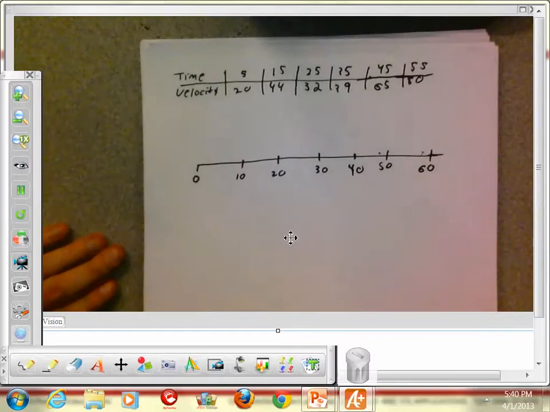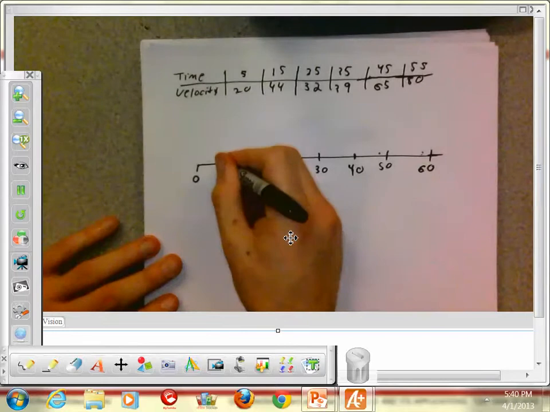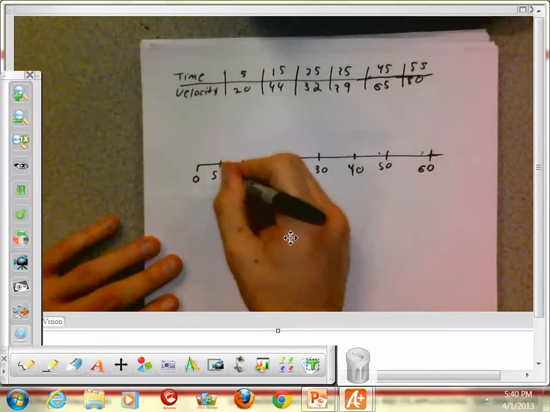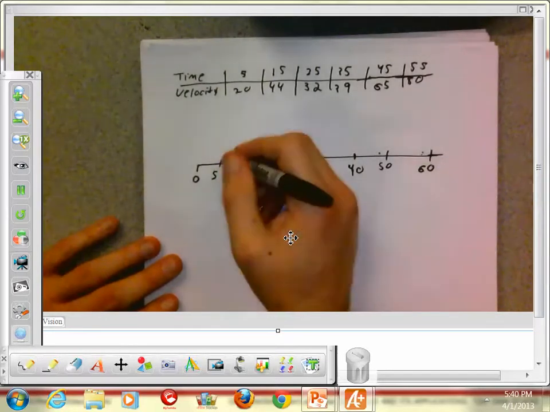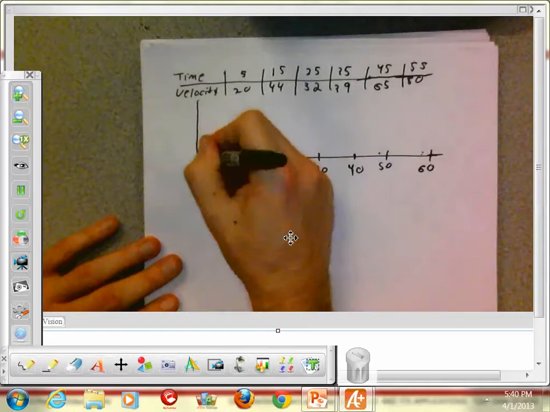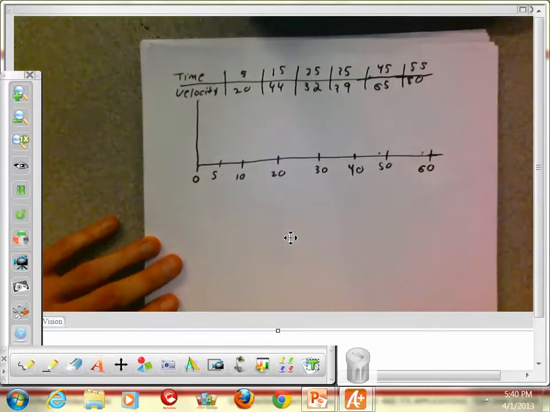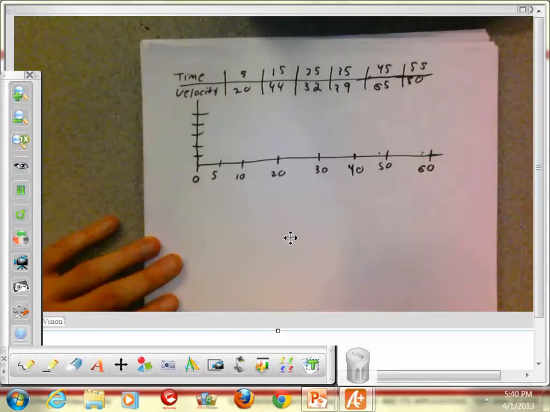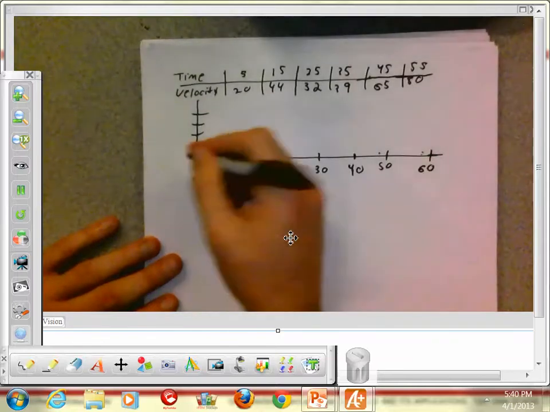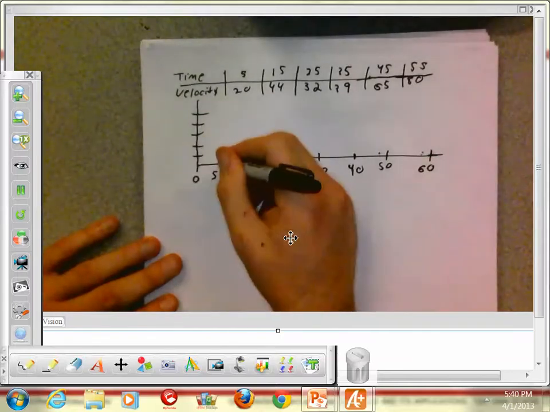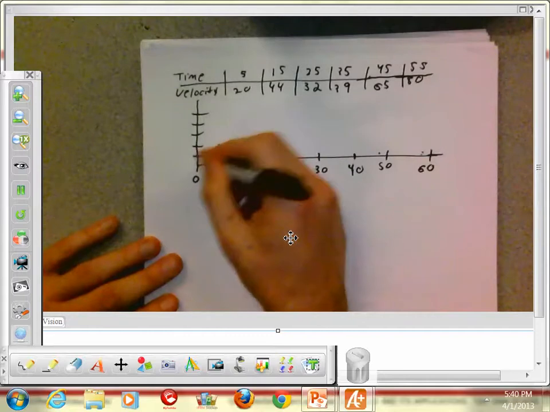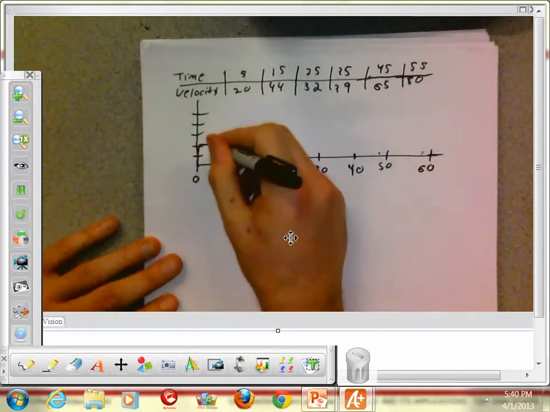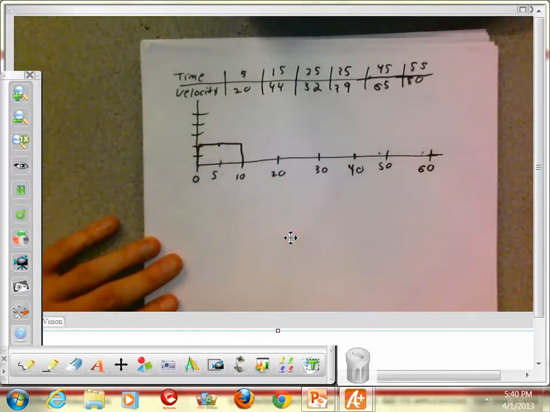Anyone not see it? Okay, so what we're going to do here is 5 is going to be our first midpoint. And at 5, we had a height of 20. So I'm going up to 55, so I'll just go 10, 20, 30, 40, 50. And so these are by tens. Now the first one has a height of 20, so it's going to be this rectangle up here, right?